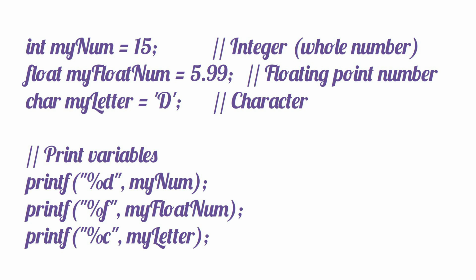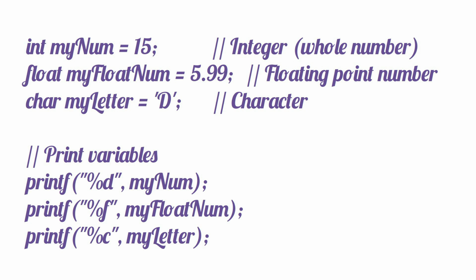Next, I'll print the floating point value. Again, the steps remain the same. Printf, open the round brackets, double quotes, percentage f this time. Why f? Since we are printing floating point values. Double quotes, comma, name of the variable, that is my float number.